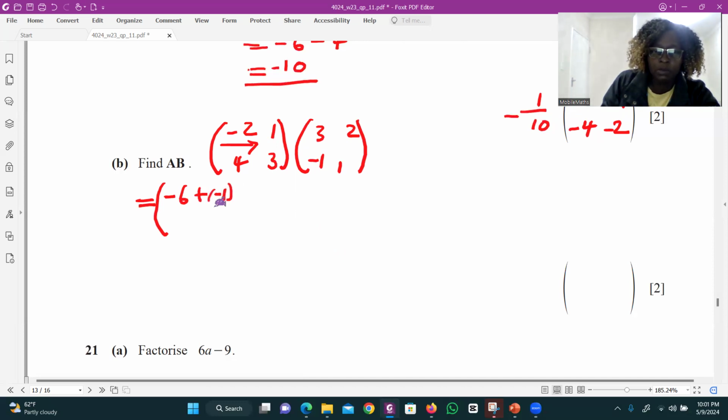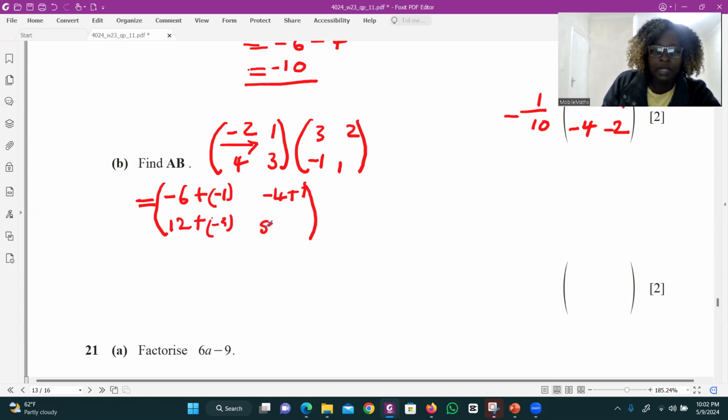So let me just put small brackets. Then the other side, it's minus 2 times 2, that's a minus 4, then plus a 1. Then at the bottom, 4 times 3, that's 12, plus 3 times minus 1, that's a minus 3 here. Then the last one, 4 times 2, that's 8.